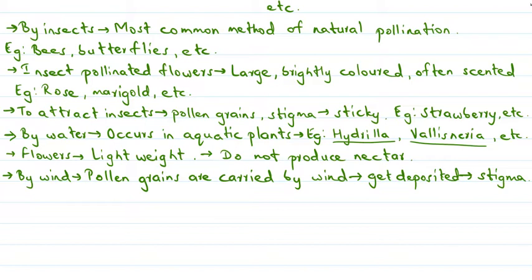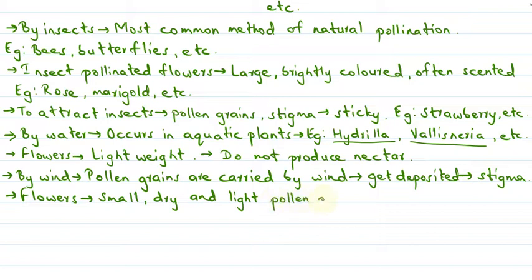So most of the wind pollinated flowers, how are they? Let's see. So here the flowers are small, and they have dry and light pollen grains.